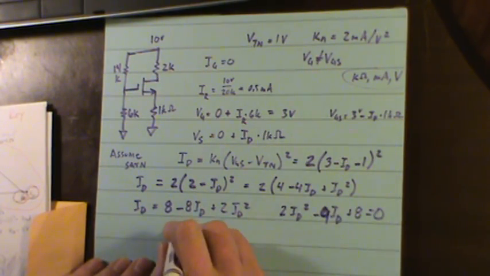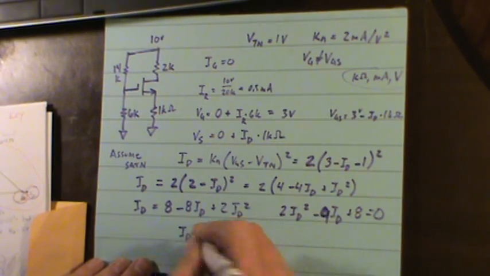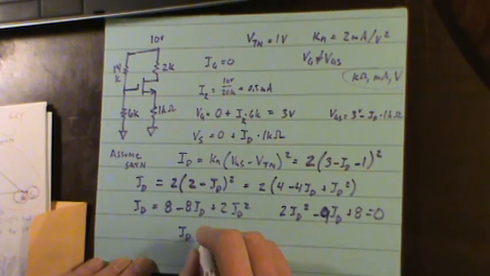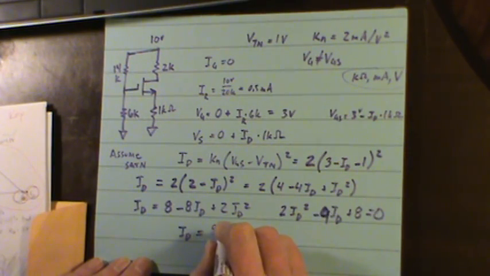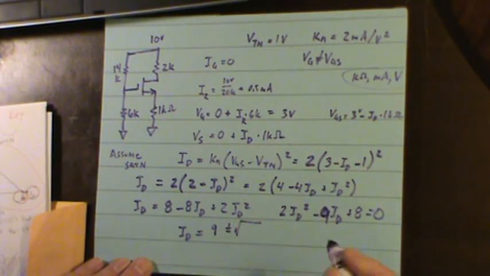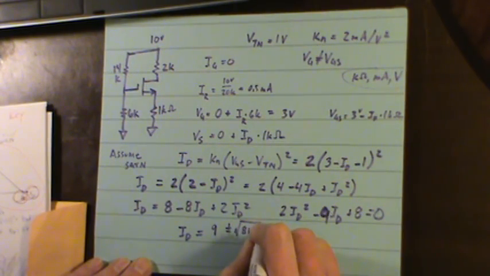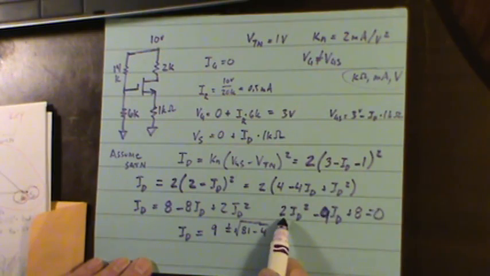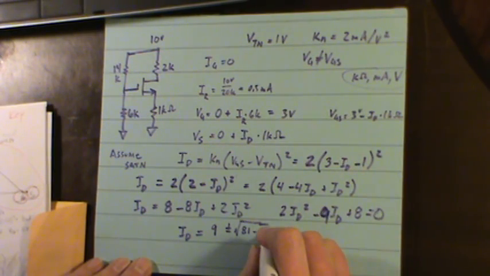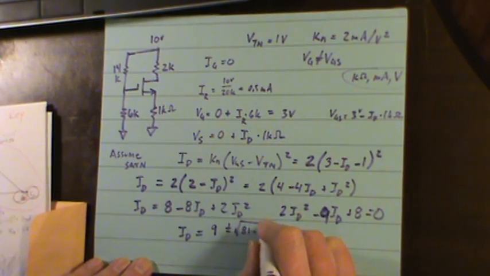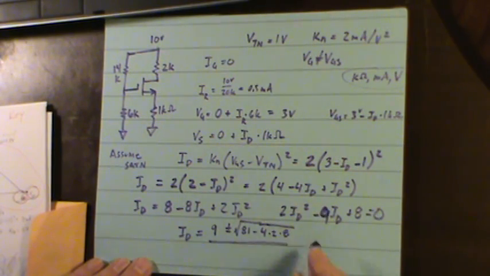Okay, so then the quadratic formula says ID equals negative B. Well, B is minus 9, so 9 plus or minus the square root of B squared, which is 81, minus 4AC. A is 2 times C, which is 8, all over 2A. 2A is 4.